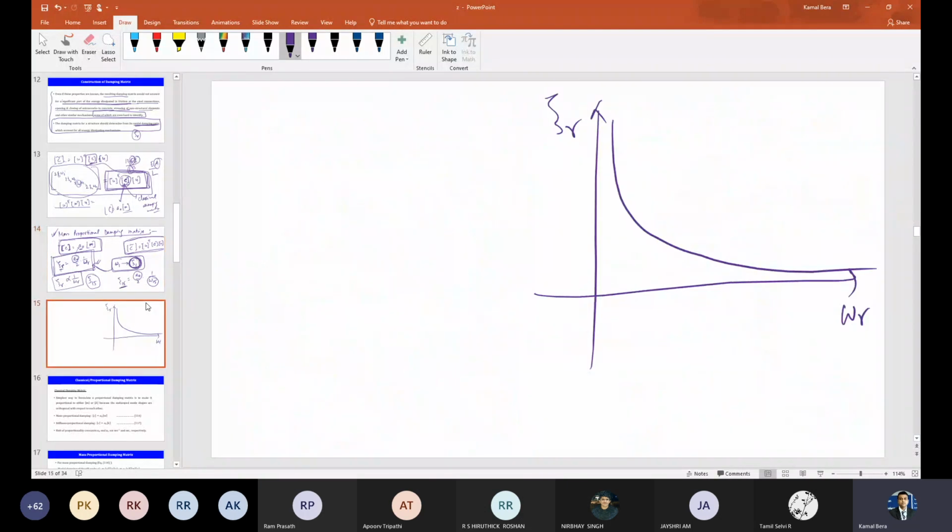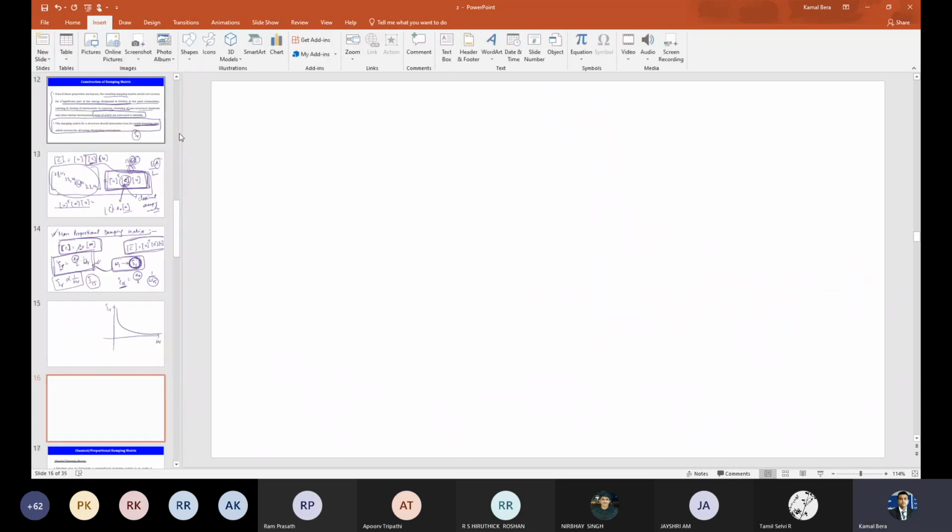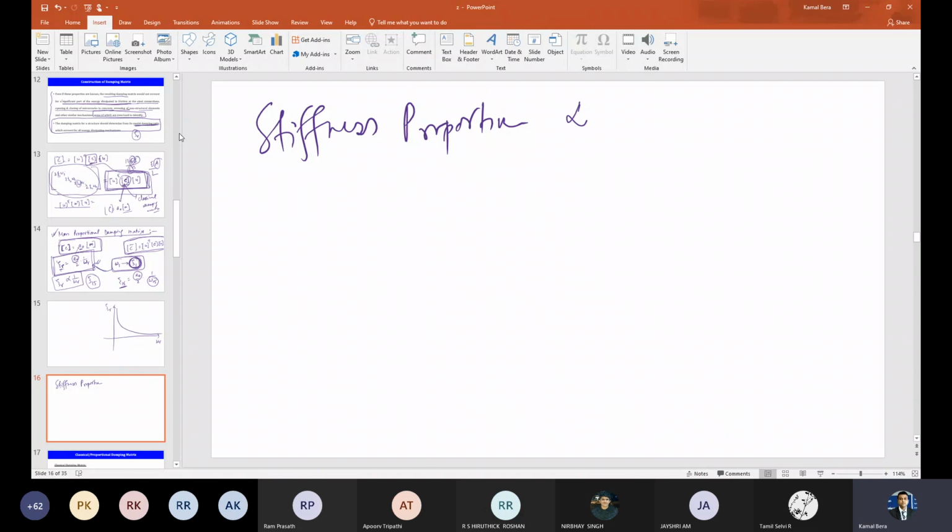So now the second thing that comes to mind is stiffness proportional, right? Because that will also make the system diagonal. Now, stiffness proportional damping matrix.